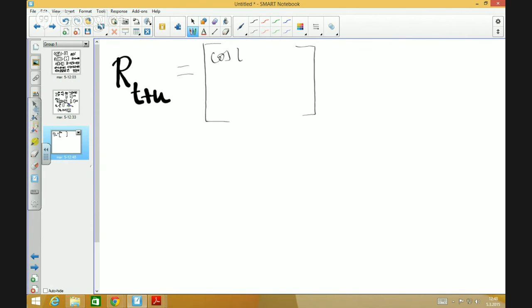This is the cosine of t plus u, cosine of t plus u here, sine of t plus u, minus sine of t plus u. Those formulae that we had before basically told us expressions for this entry and this entry.